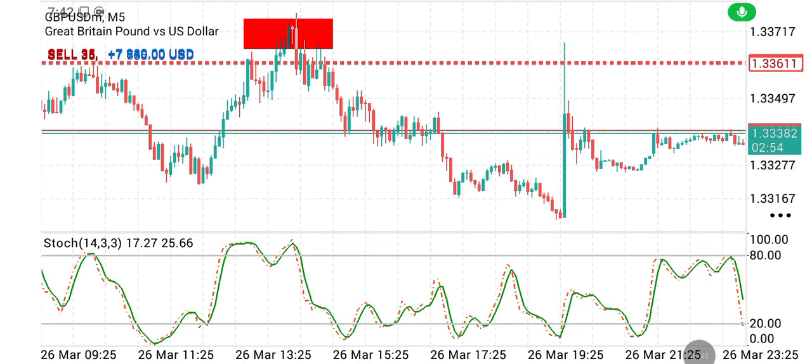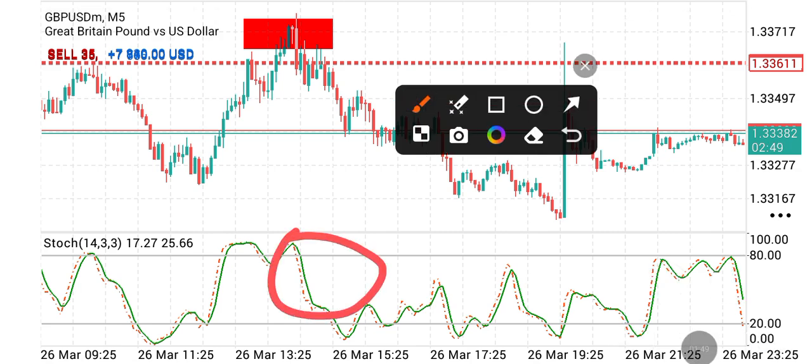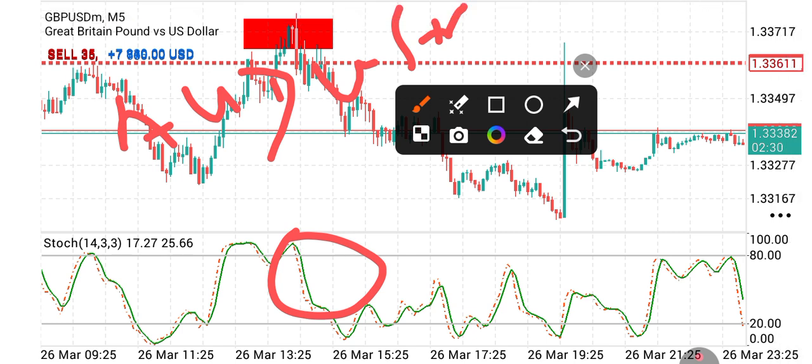So I will show you this indicator settings by the end of this video. But if you have been following my video lately, you see that I have a series of videos where I have entered trades. Like I've used this particular indicator to get a trade in AUDUSD, and I also use it to get in EURUSD.